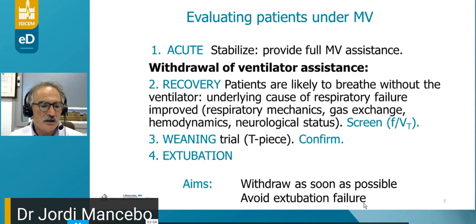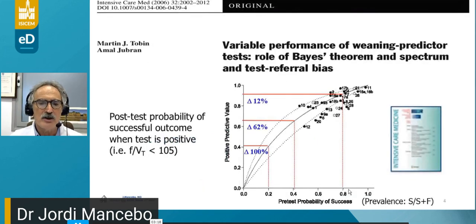If this period is successful, then we proceed with extubation. The main aims of the whole process are to withdraw the mechanical ventilator as soon as possible and to avoid extubation failure. The importance of arriving at the screening phase as soon as possible is shown in this slide.